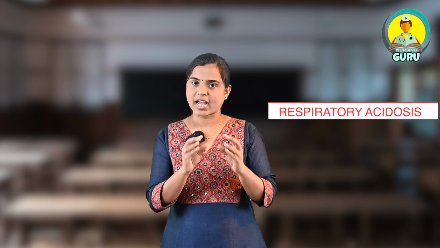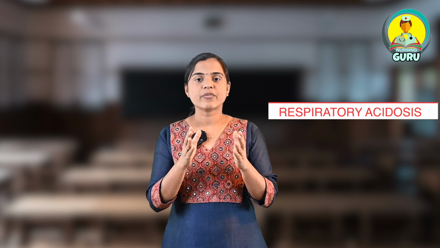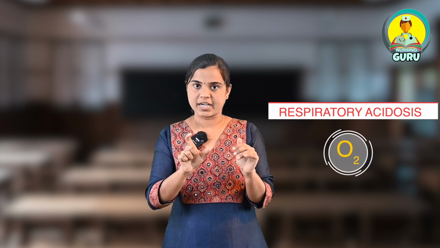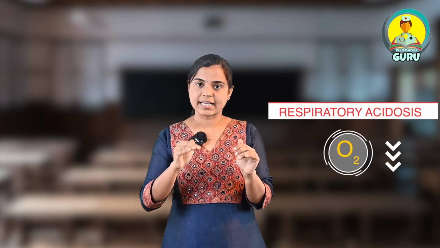Next, let's discuss some of the conditions that lead to this acid-base imbalance. The first one is respiratory acidosis. As you all know, in respiratory acidosis, pH is decreasing and carbon dioxide level is increasing. As carbon dioxide level increases, the oxygen level in the blood will be decreasing.